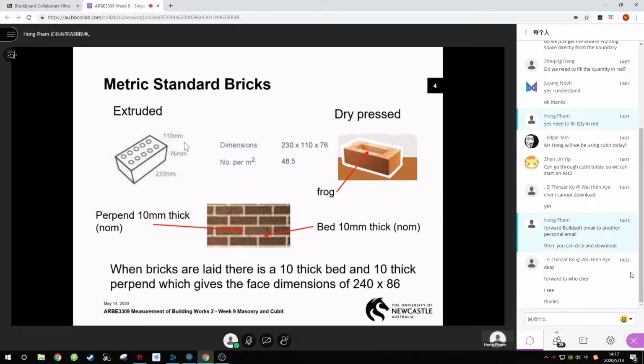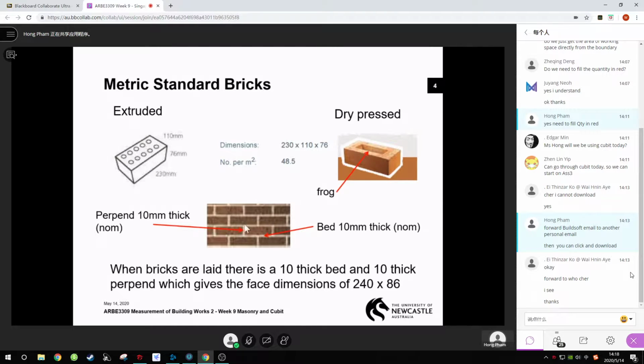One is called facing brick. Another one is called common brick. Facing bricks are bricks with at least one face that is very beautiful, very even, very smooth. And facing bricks are meant to be exposed.